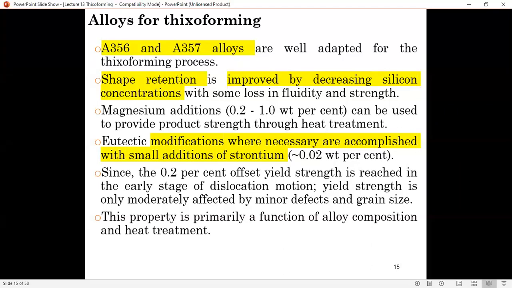We're talking about the eutectic point, where the maximum percentage at the lowest temperature can be achieved for that particular alloy. You can modify the eutectic by adding strontium. And it says here, these are basically the alloys for the Thixoforming operation. The rest you can read on your own.